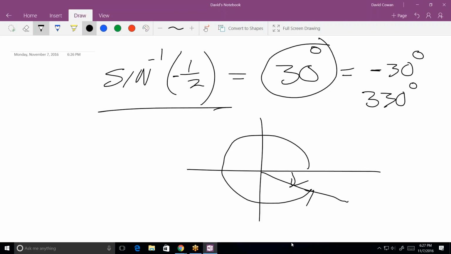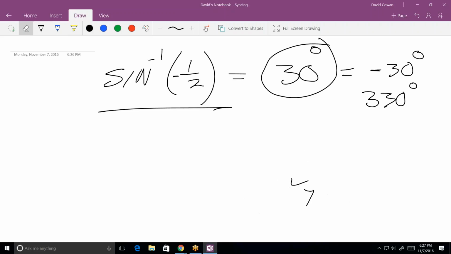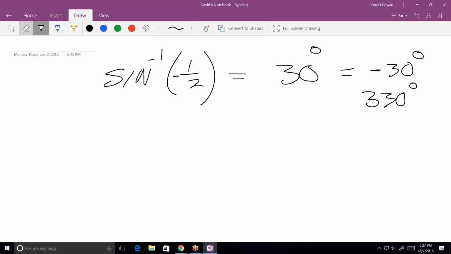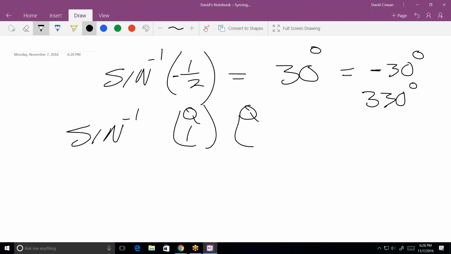Okay? But here's the thing that you have to memorize. The principal quadrants for inverse sine are 1 and 4. Same with inverse tangent. Let me list those. Inverse sine gives you either quadrant 1 or quadrant 4, depending on whether it's positive or negative.